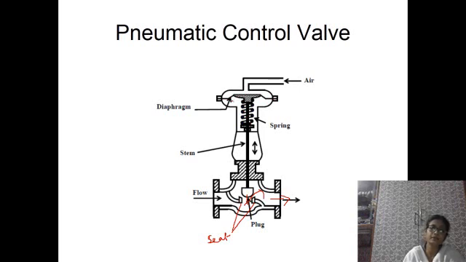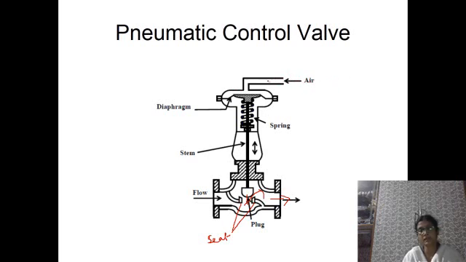The lower portion of the diaphragm is connected with the spring. This is spring type actuator where the restoring force is provided by the spring, and this signal is coming from the controller. This is pneumatic, so this is air pressure operated. So this air pressure is coming from the controller output.